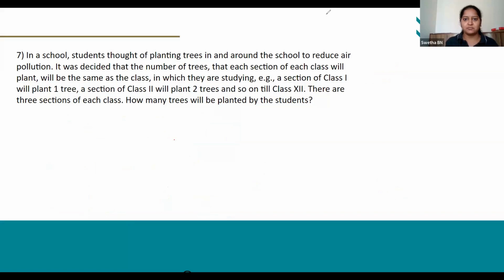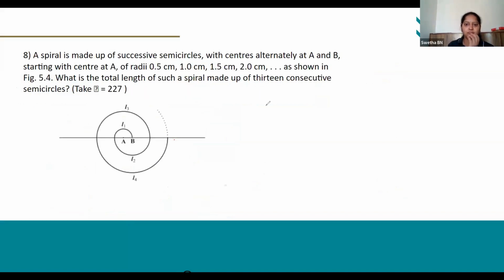Next question is, eighteenth question. A spiral is made up of successive semicircles with centers alternately A and B, starting with center A of radius 0.5 centimeter, 1 centimeter, 1.5 centimeter, 2 centimeters, so on, as shown in the figure 5.4.